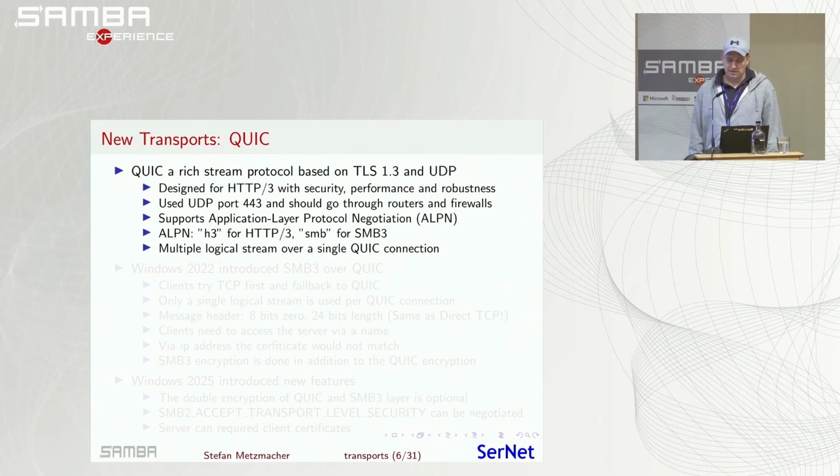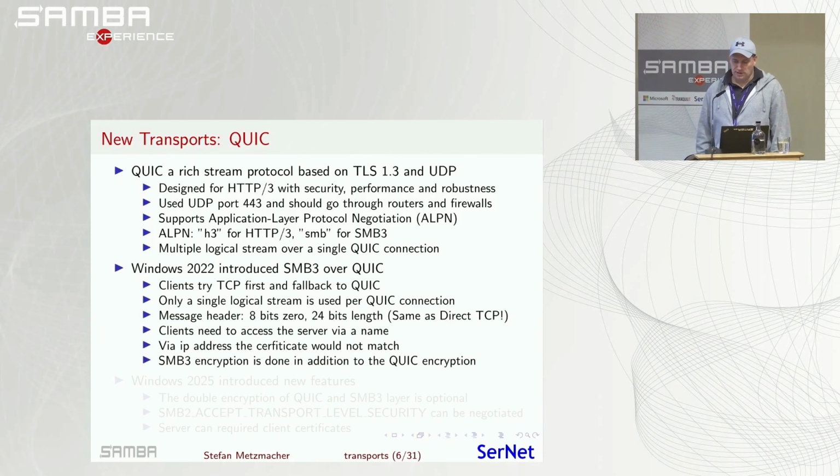But other than that, there's no indication what is inside of the encrypted traffic. On Windows, this was introduced with Windows 2022. It basically tries TCP first and then falls back to QUIC.